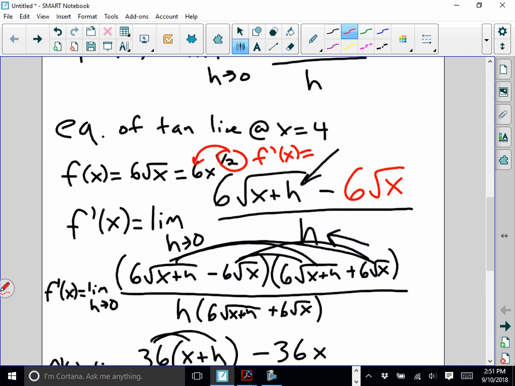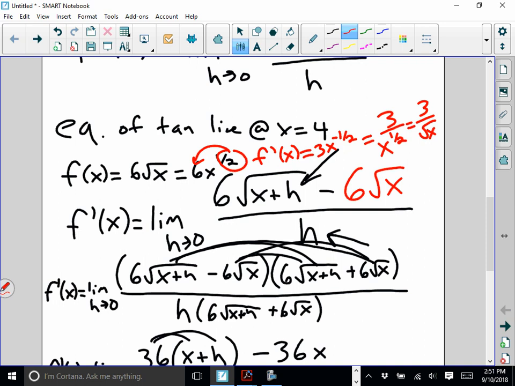And we have to reduce this power by 1. Half minus 1 is negative half. We could rewrite that as 3 over x to the positive half, which we could rewrite as 3 over root x. So the work that we did for the power rule matches the answer that we got using the limit definition, which is a good thing. Okay, if they don't match, you're doing one of the two wrong, or you need to simplify it more.